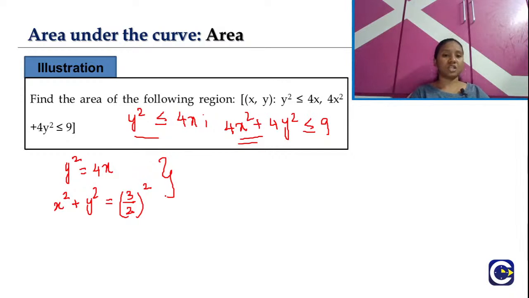There is no need to take random x values and substitute, because by looking at the given curves you might already have an idea of the shape: this is the parabola, and this is the circle with center 0 comma 0 and radius 3 by 2. So you know how to get this one also.